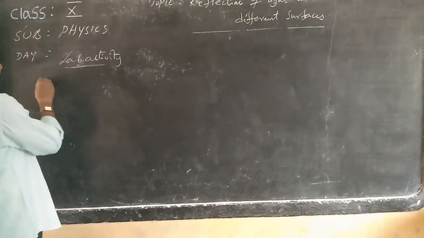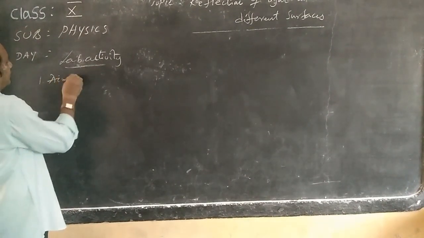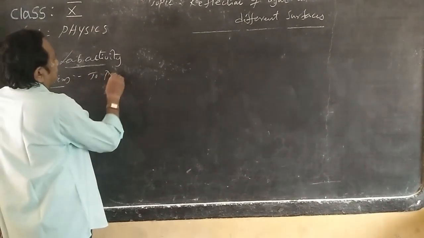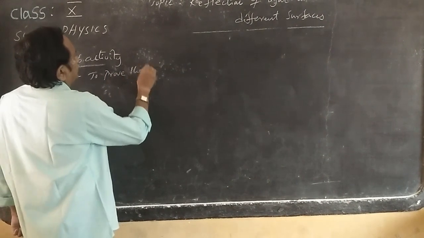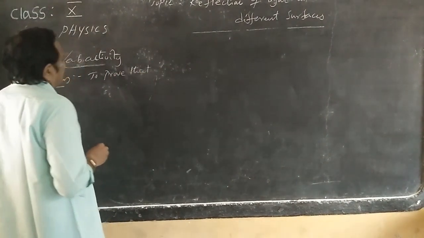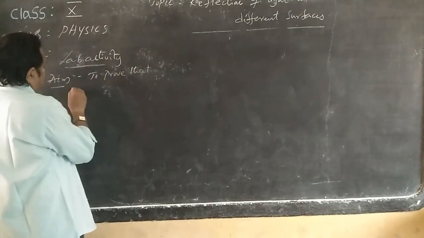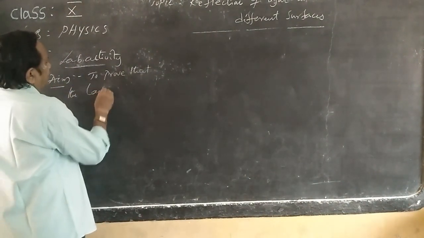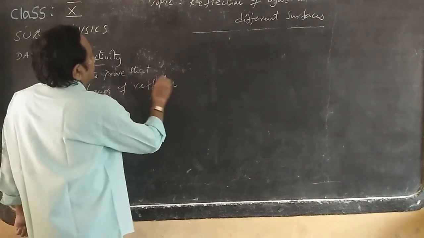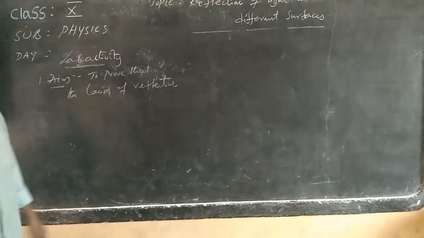So what is the aim of the experiment? The aim of the experiment is to prove that the laws of reflection are verified.